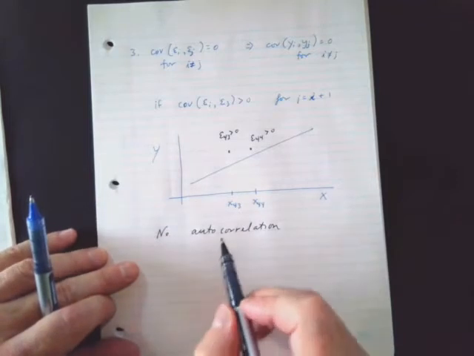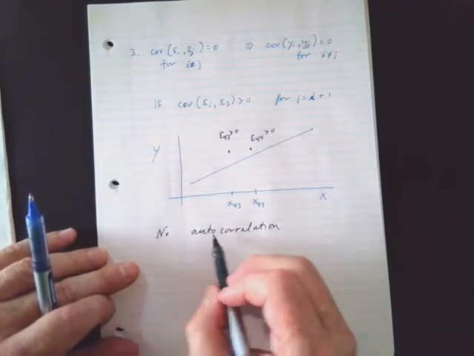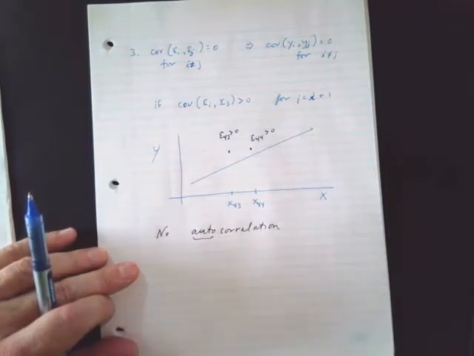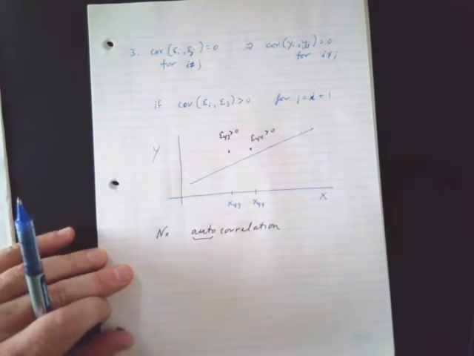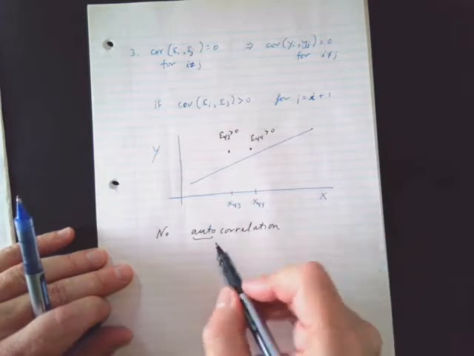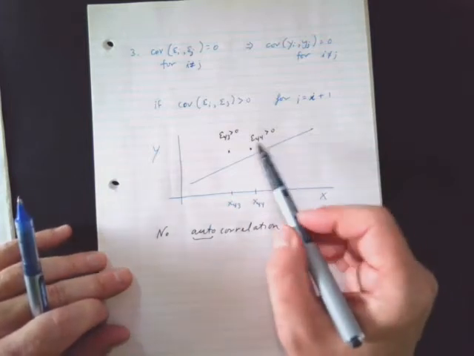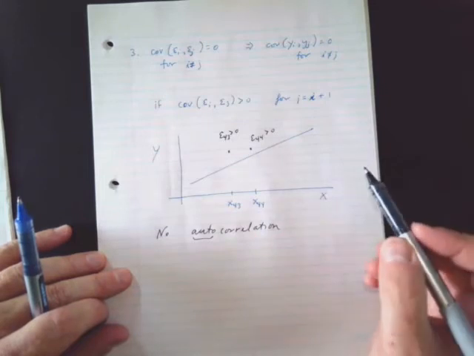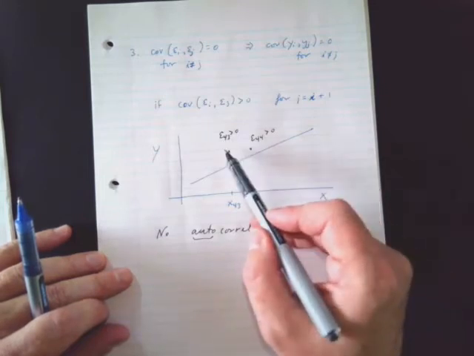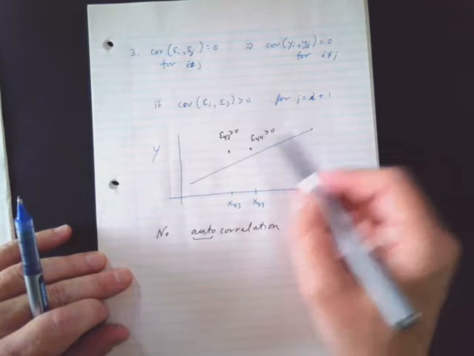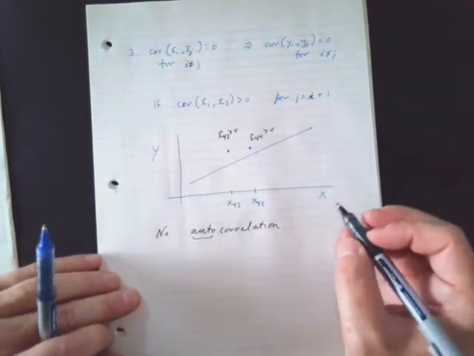Autocorrelation means, well, auto is I guess the Latin prefix for self. So no autocorrelation means the error terms aren't correlated with themselves. So this error term is not correlated with any of the previous error terms or subsequent error terms.